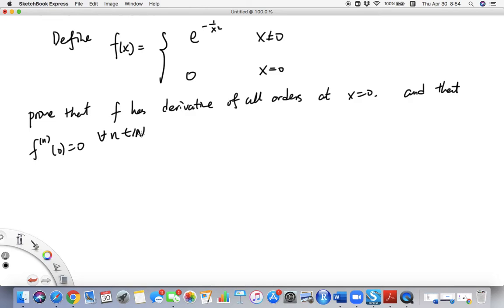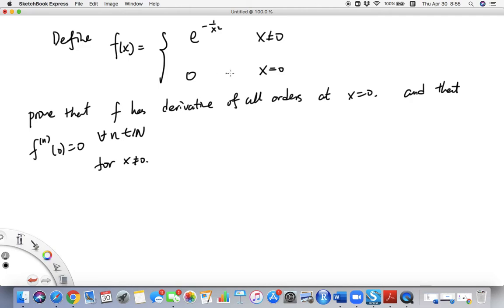Okay, so let's do that. What do we do? Well, let's compute the derivative first when x is not equal to 0.